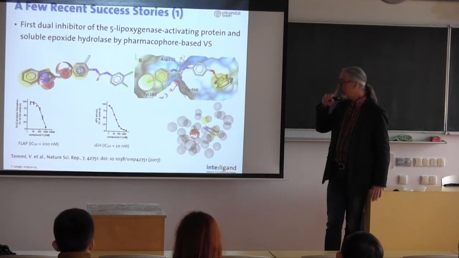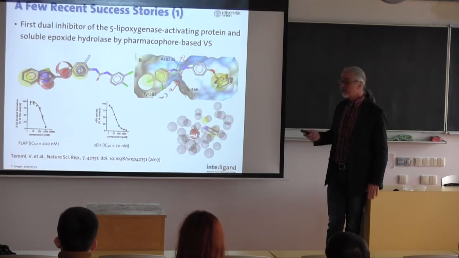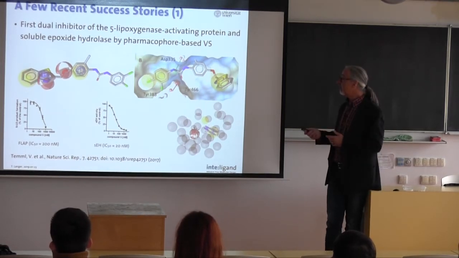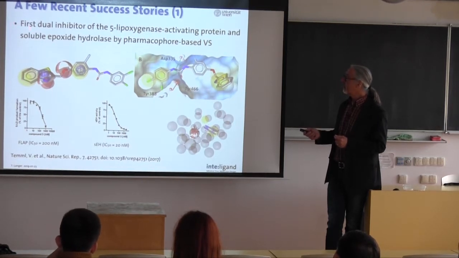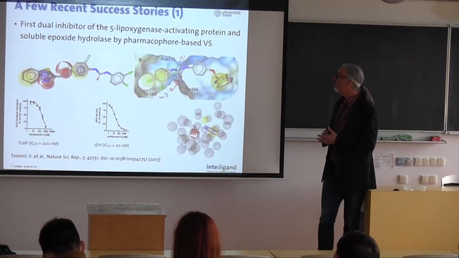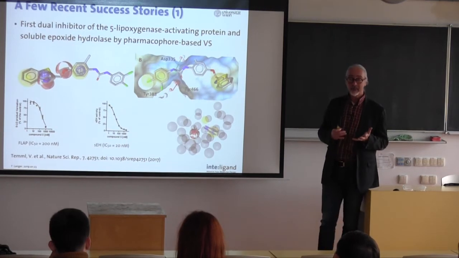I just want to show you a few examples here, a few success stories from different labs, not from my lab here, but from different labs. So 2 years ago, there was a story that they found the first dual inhibitor of the 5-lipoxygenase activating protein and of the soluble epoxide hydrolase, by pharmacophore-based virtual screening.